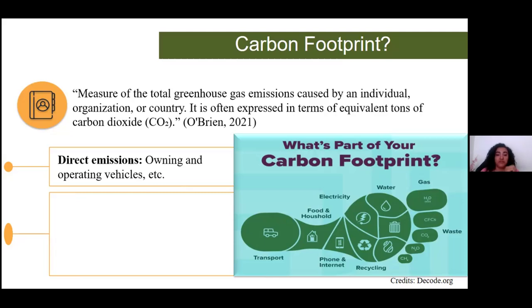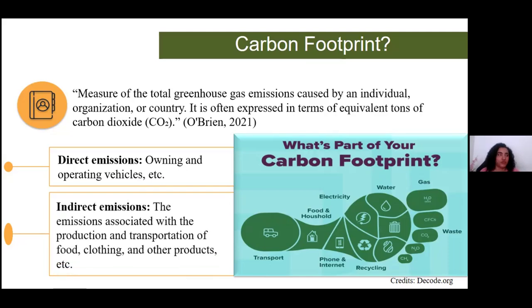Some examples of these are owning and operating vehicles that they have, or you may have, right? Another is using electricity generated from fossil fuels, and heating, cooking, and the use of transportation. Imagine, heating and cooking is also one. So it depends how we do it, of course, using the stove and the gas.